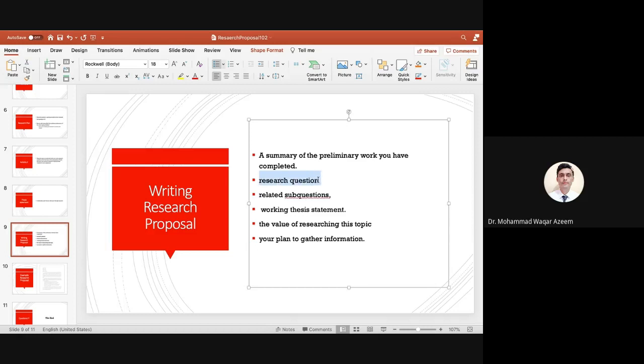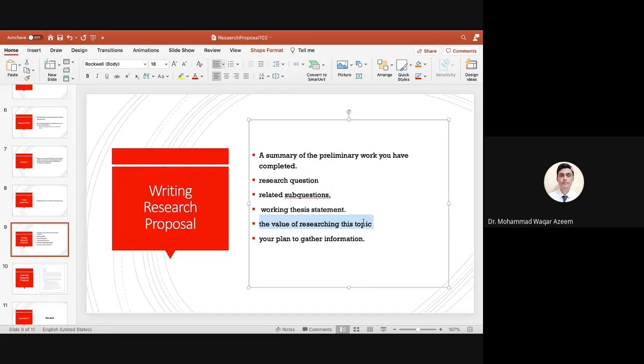Your research proposal should have a research question in it. It should also have related sub-questions in it. It should have a working thesis statement in it. And then it should tell what is the value of researching the topic on which you want to conduct research.